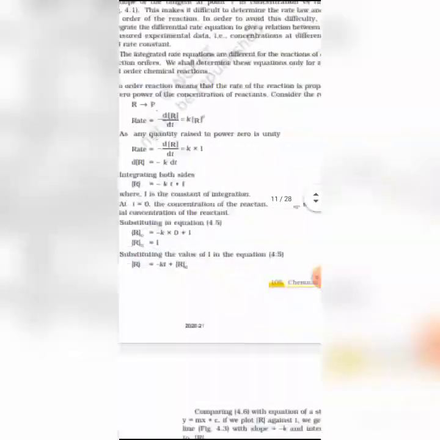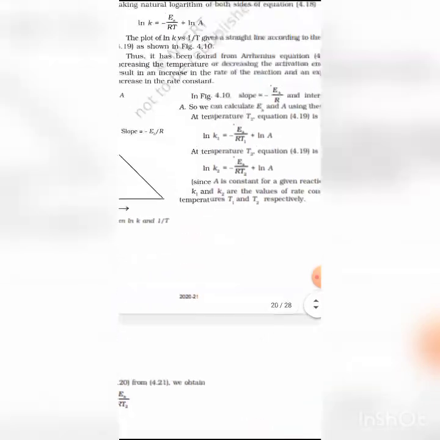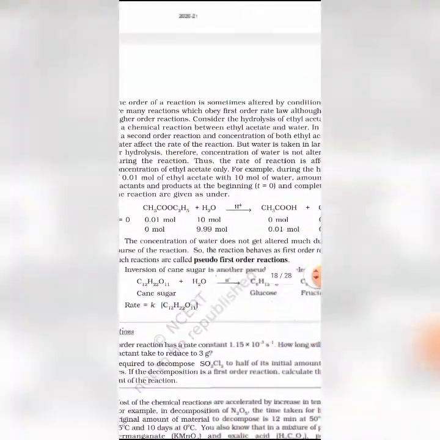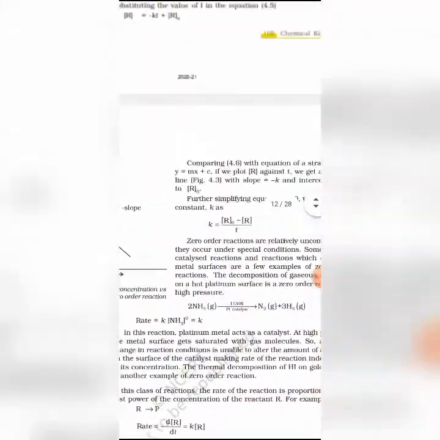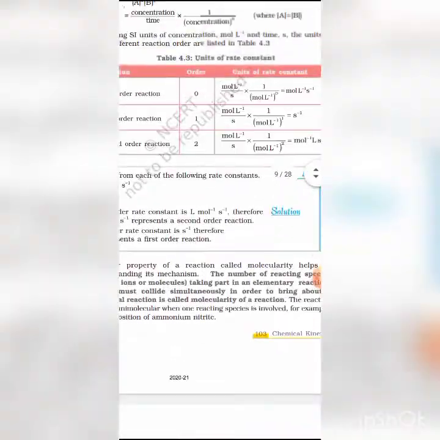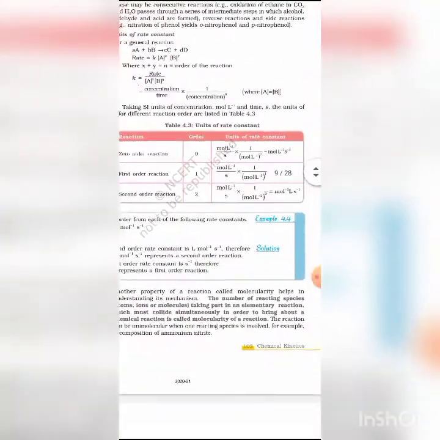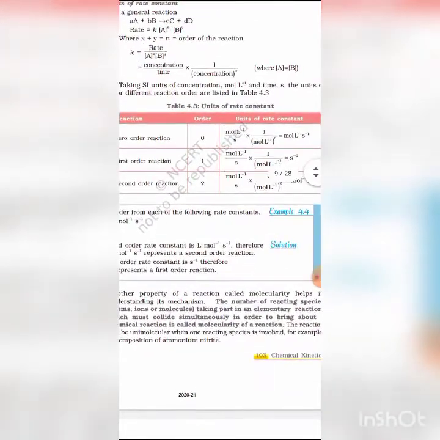Units for the first order reaction, student. The unit of rate is mole per liter per second.